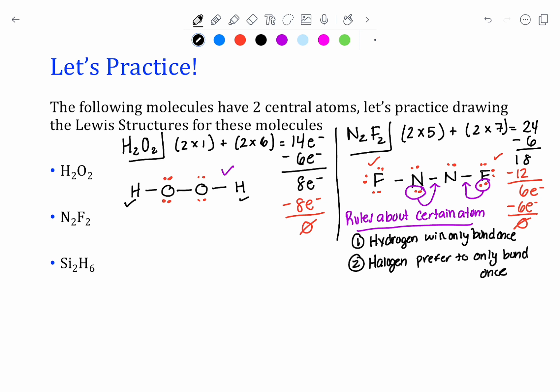Yes, if it's the only option, but if there is another option, then it will not bond more than once. So halogens prefer to bond only once. Oxygen likes 2 bonds and 2 lone pairs, which we may have been seeing as we have been drawing structures with oxygens. Okay, it has 2 bonds and 2 lone pairs.